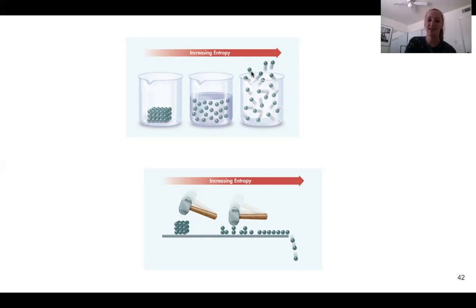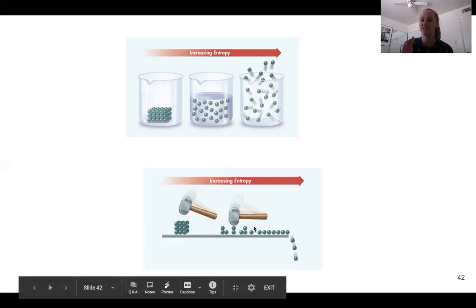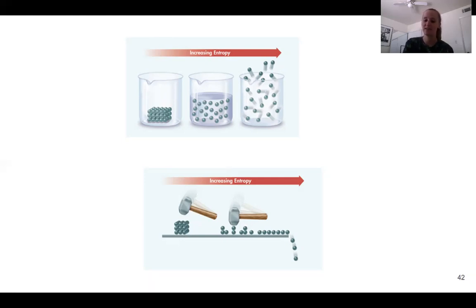So as we change states here, we are increasing the entropy, and these guys are really happy. They are pretty stoked to be able to just bounce around however they want. Here we have a solid, and someone hit it with a hammer and broke it into a bajillion pieces. So they are increasing the entropy, the randomness of the atoms in the structure, and things are just disordered.